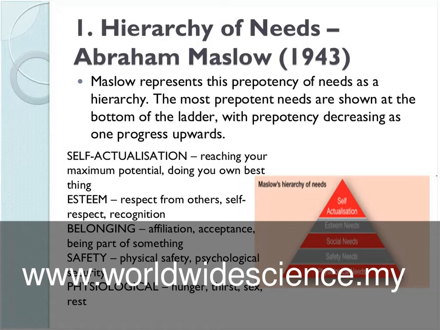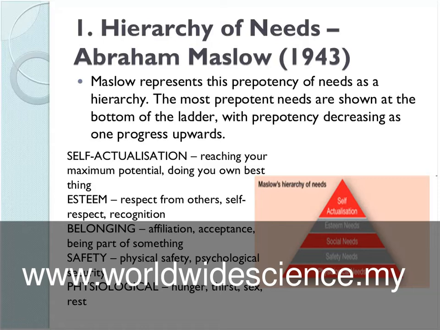Maslow represents this prepotency of needs as a hierarchy. The most prepotent needs are shown at the bottom of the ladder, with the prepotency decreasing as one progresses upwards. In the picture you can see, from the bottom, we have the physiological needs.